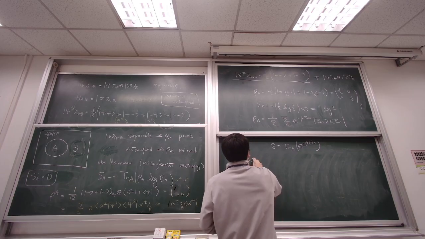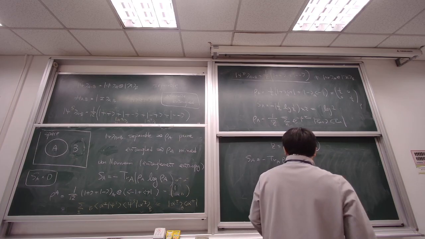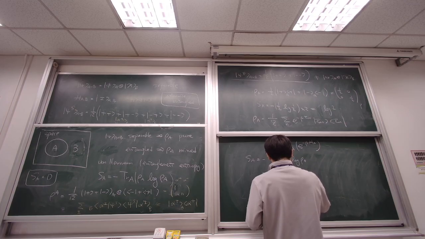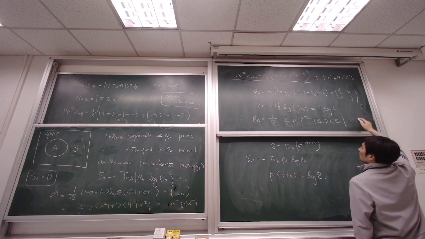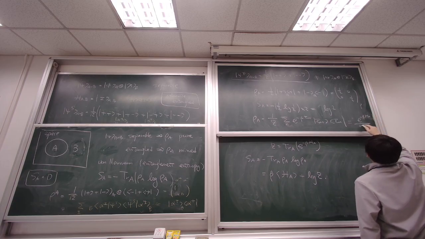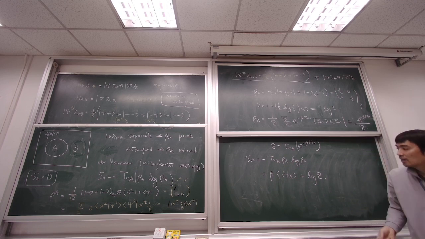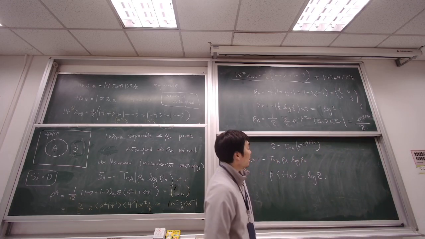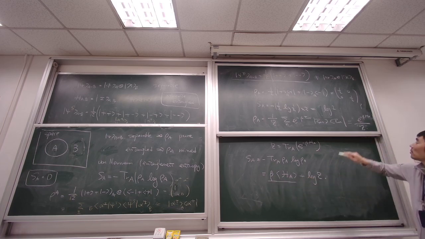Then if you just do the normal entropy, S_A is minus trace over A of rho A log rho A, which is in fact equal to beta H_A plus log Z. So this one can be written as e to the minus beta H_A divided by Z. So you plug this one into here, and then sum over rho A, and it gives you beta times the expectation value of H_A and log Z. Log Z comes from here, and then of course this part is coming from this numerator.